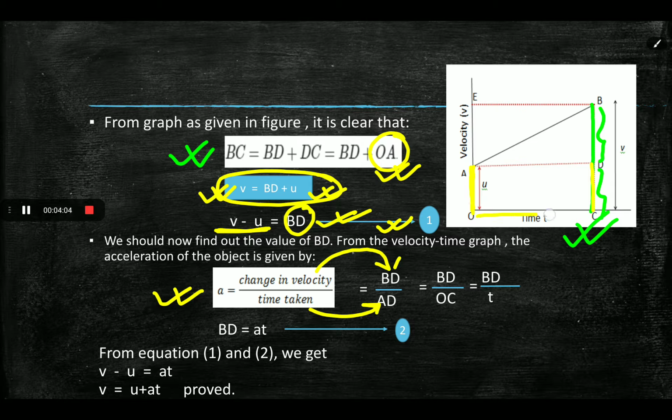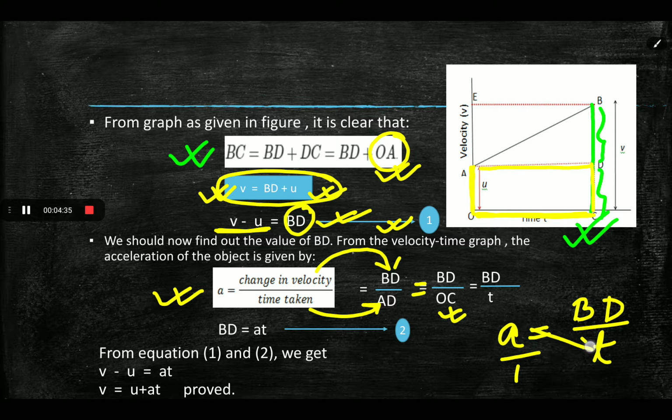Here the time taken is OC, but this OC is equal to AD, because OC is the time taken, as you can see in the graph. So the expression becomes a is equal to BD by time taken. Now, if we multiply this acceleration with time, then it becomes BD is equal to at. This is equation number 2.